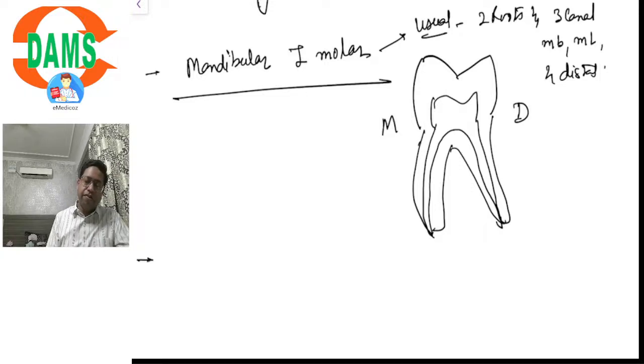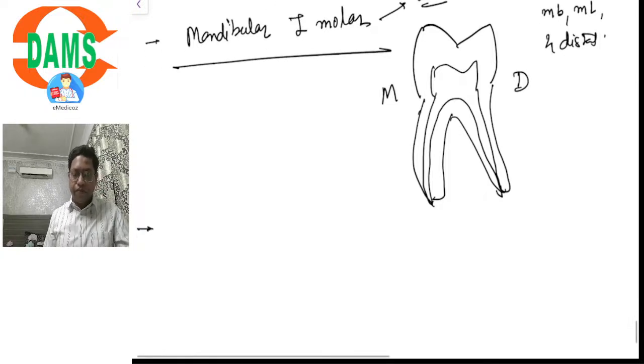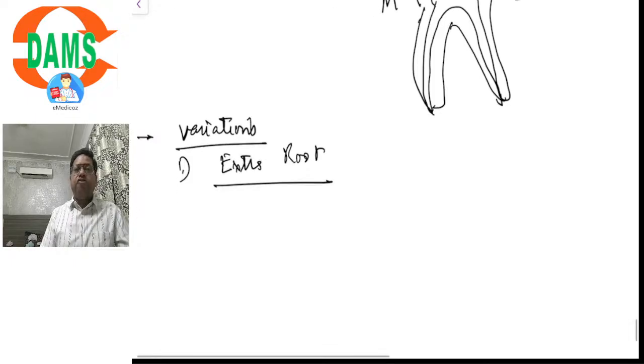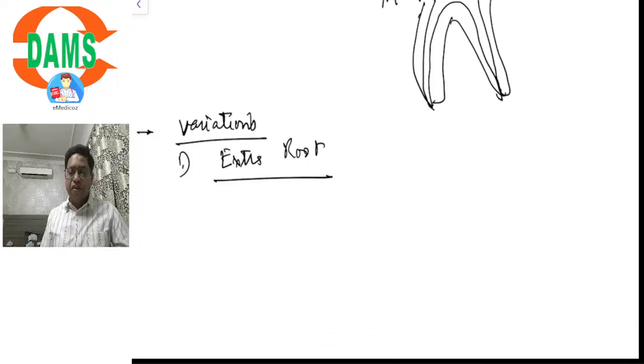If we talk about the variations, then the first type of variation is extra root. Extra root of mandibular first molar.